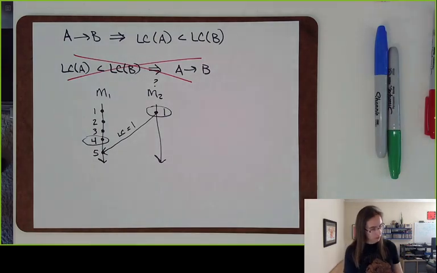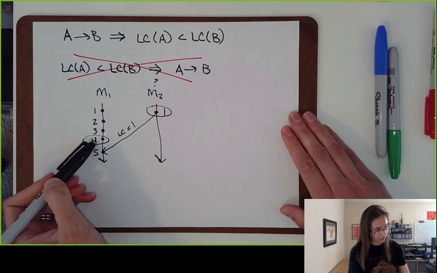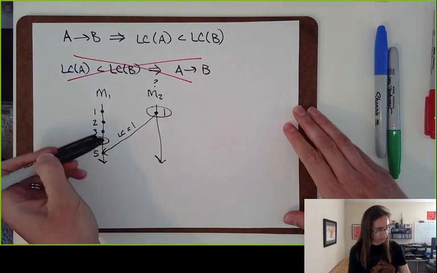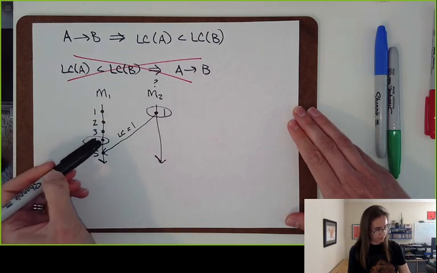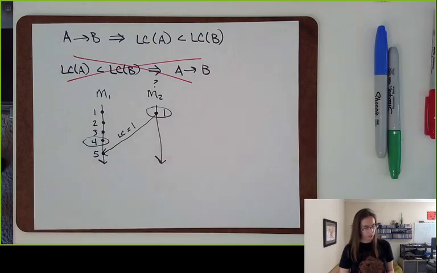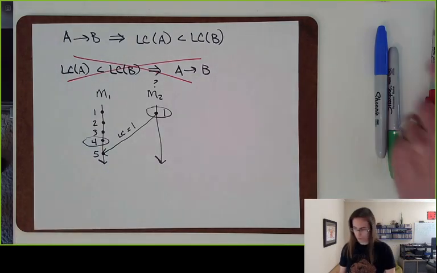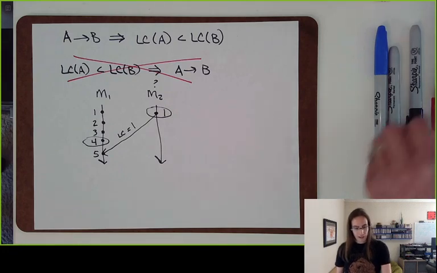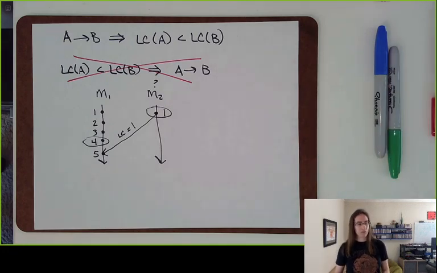So even though this event over here has a Lamport clock of 4 and this one had a Lamport clock of 1, we can't say that this one happened before this one, because Lamport clocks don't give us enough information to know that.